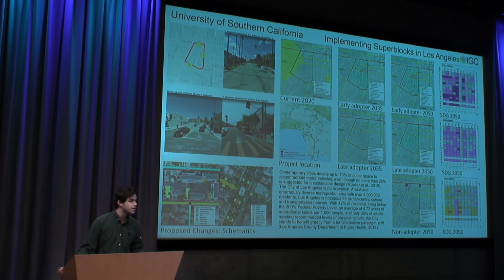I mainly want to talk about sustainable cities and good health and well-being. Superblocks have as their main goal making communities more sustainable and also improving the health of the people that live there.